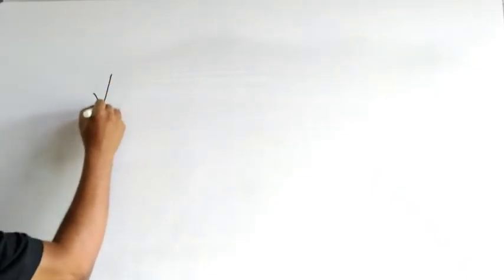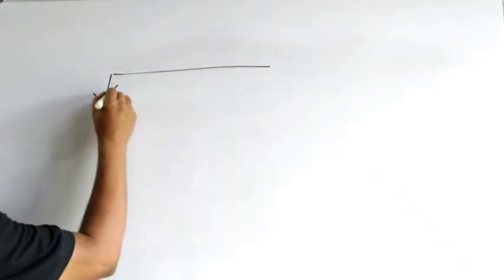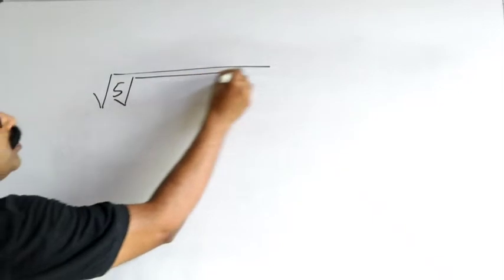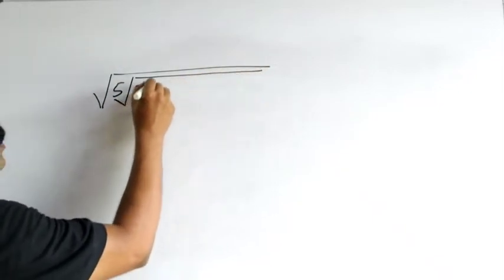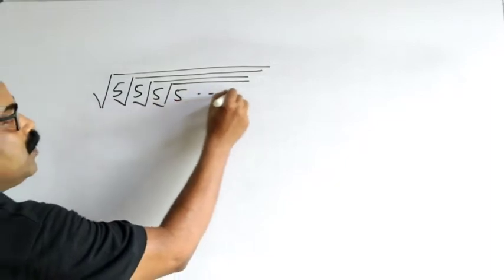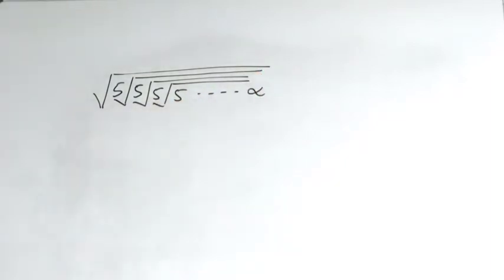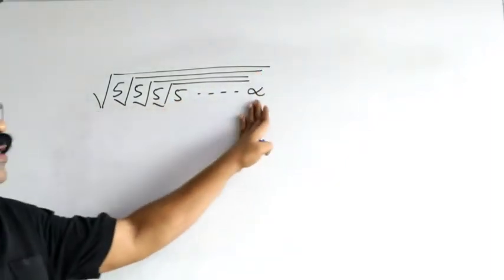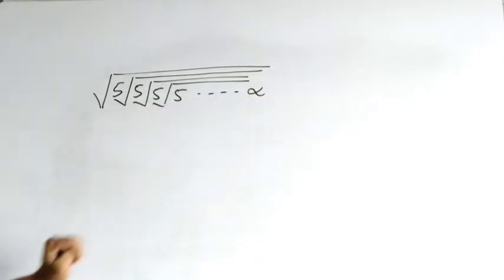For example, a question is asked like this: root 5 into root 5 into root 5 into root 5 up to infinity. Again, ensure that the series is given up to infinity.